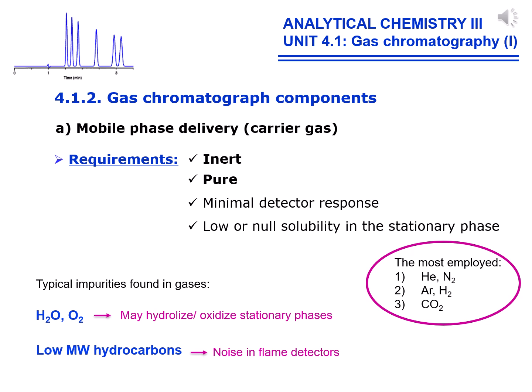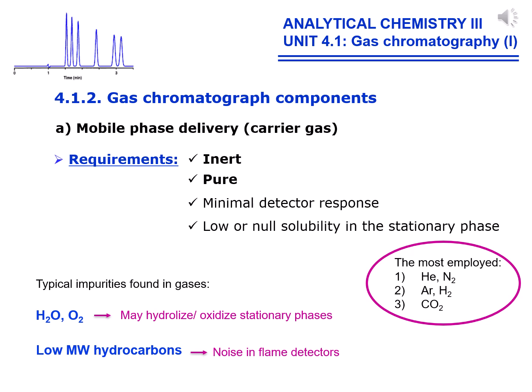Mobile phase delivery. The mobile phase is a gas with the only function to carry all components to the stationary phase. This means that it doesn't play any role in the separation process. For such a reason, it's also called carrier gas.